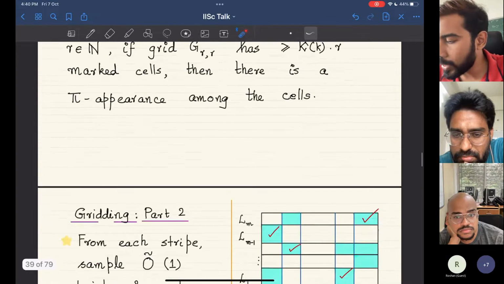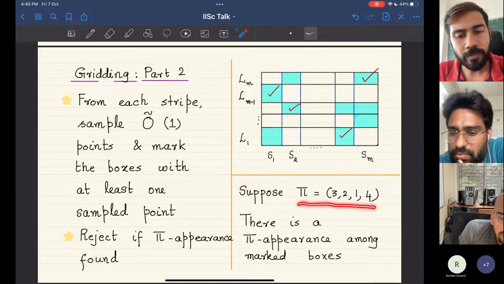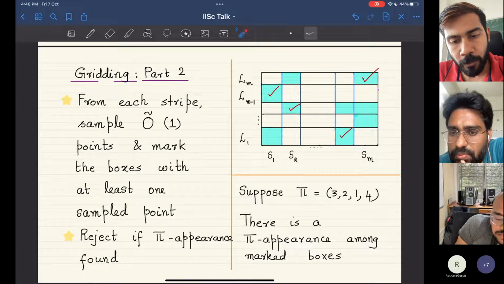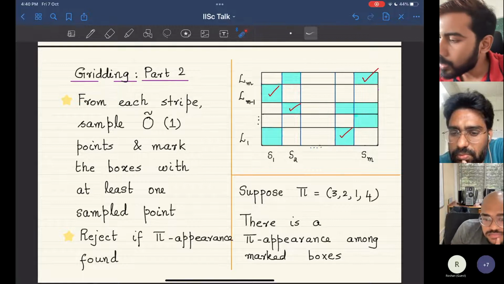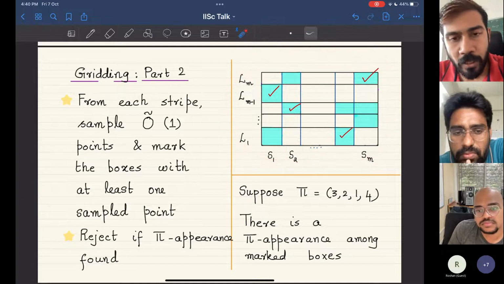I'll tell you with an example. Suppose my pi is 3214.